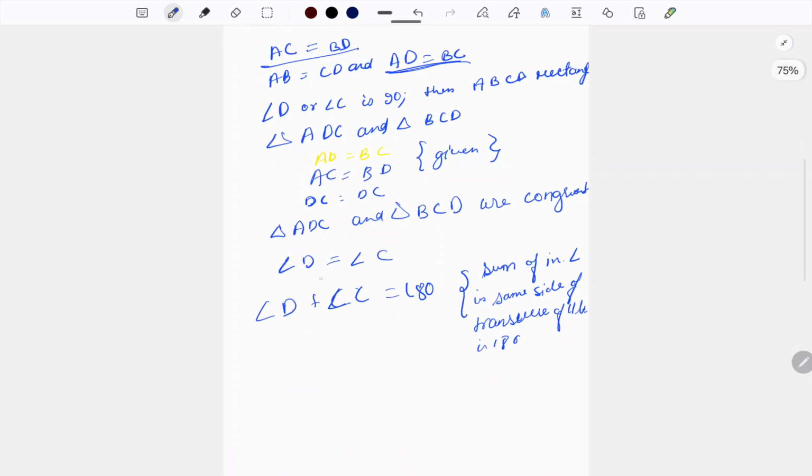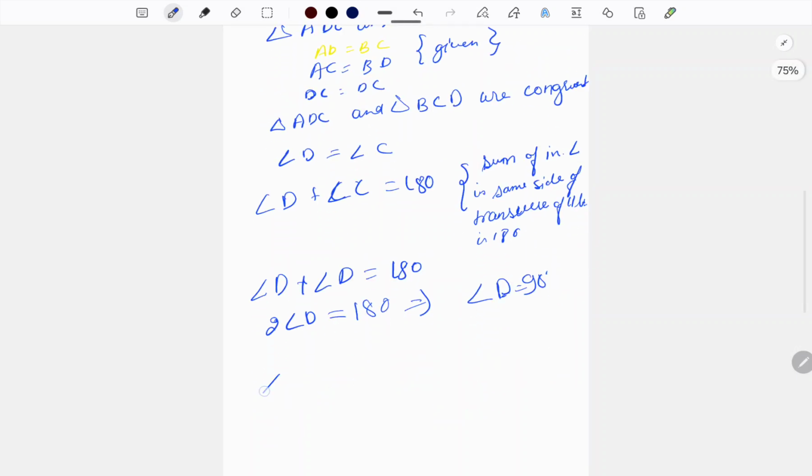Now angle D is equal to angle C, so I can replace angle C with angle D, and it will become 180. So 2 times angle D will be 180 degrees, and therefore angle D will come as 90 degrees.